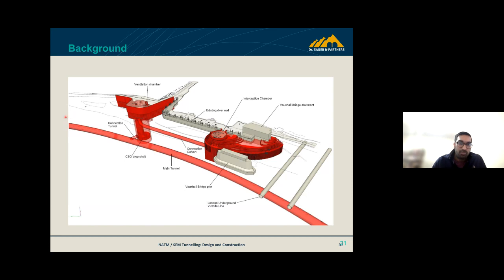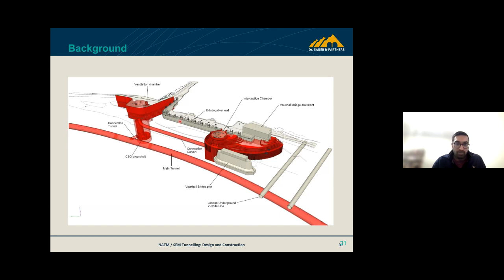The main TBM tunnel goes under the River Thames, and then we have these new shafts which are built in SEM as well, and then a connection tunnel created to discharge those flows from the river overflows. So generally these shafts are connected to the overflows that come normally into the river. So they intercept those, drop them down, and then send them down the main TBM tunnel.